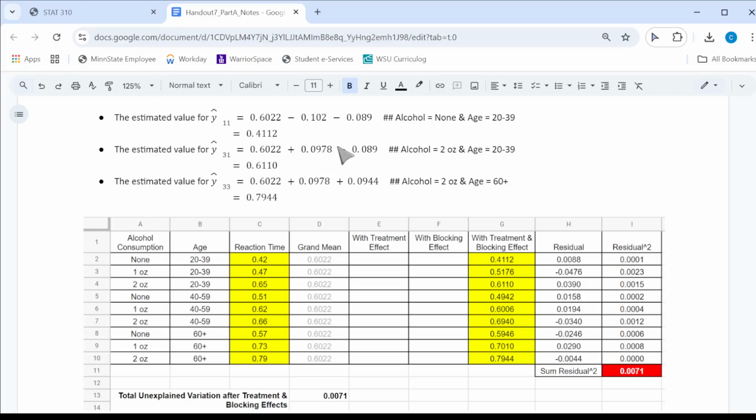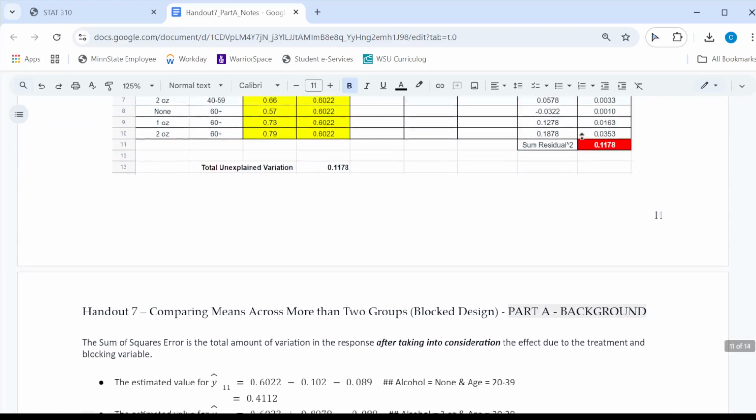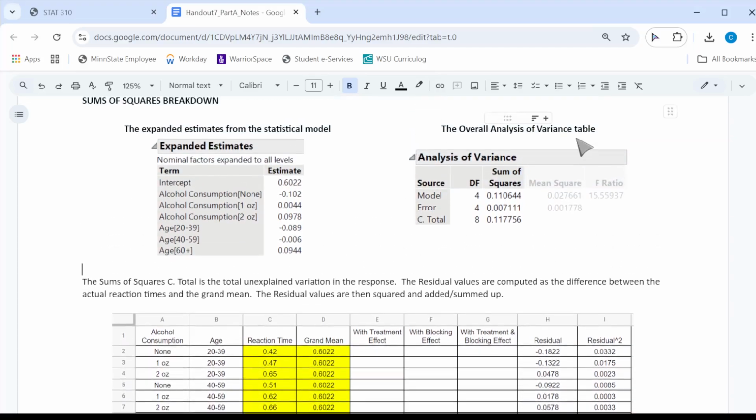If I want to look at somebody that was in the young age group but ended up consuming 2 ounces of alcohol, how would I do this with my estimates? I would start at 0.6. They're in the 2 ounce of alcohol group, so they're going to go up about 0.0978, so basically up about 0.1.